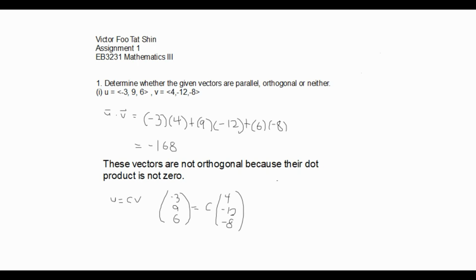And if you calculate, we can just take any of these and calculate.